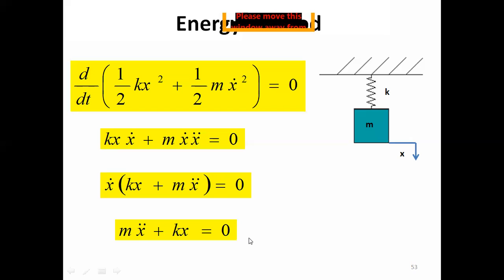And this mathematical equation represents the system at all times, during all of the vibrations. We call this the equation of motion, or the governing equation, which represents the vibration. So again, using the energy method, we get the same equation.